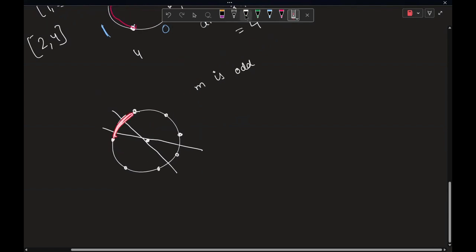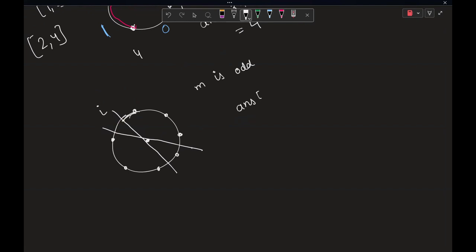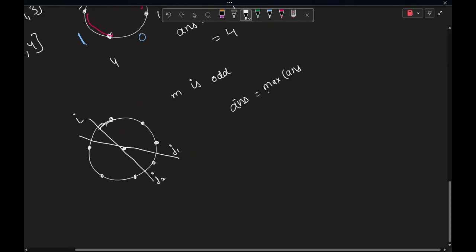if I consider this block, let's say that this is my block I, and let's say that this is block J1 and this is block J2, then answer of I will be equal to the maximum of, actually, let me call this just a normal answer variable.